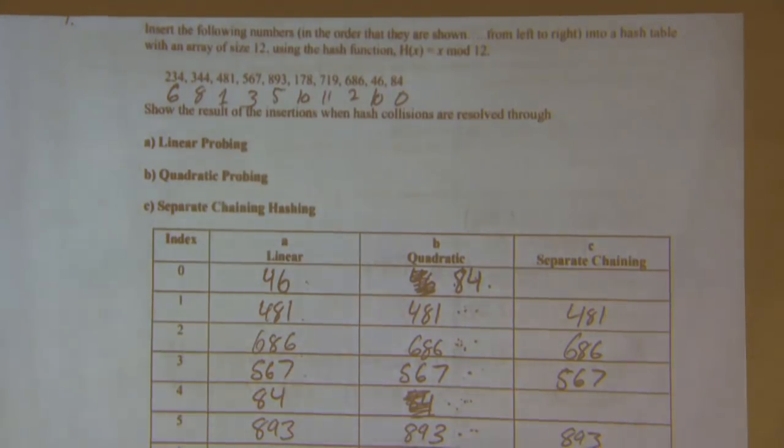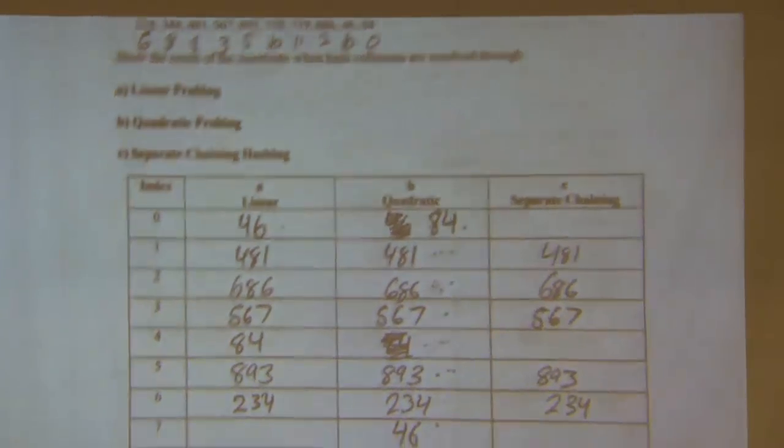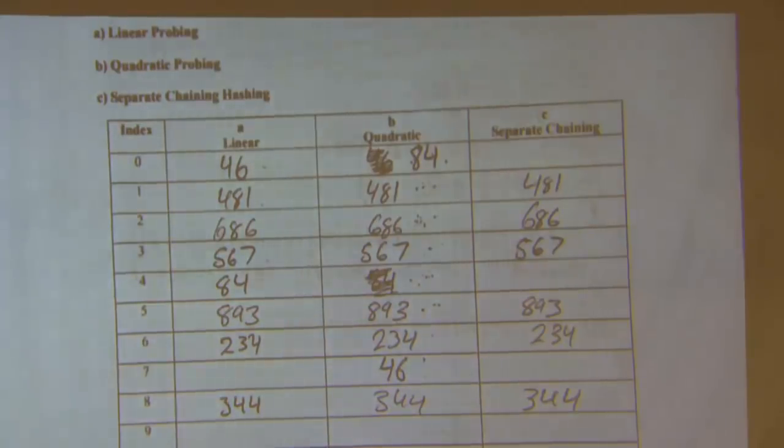Okay. So separate chaining is pretty easy. Basically, instead of doing any weird index stuff, there's just a linked list at every single position in the hash table, and we just do an insertion onto the linked list whenever we get a collision.